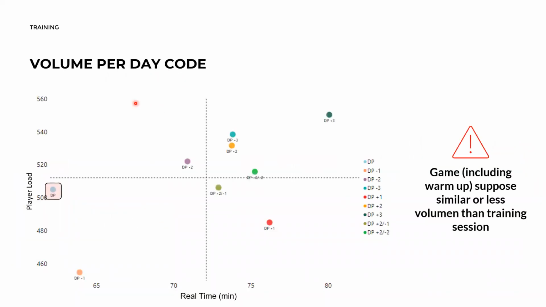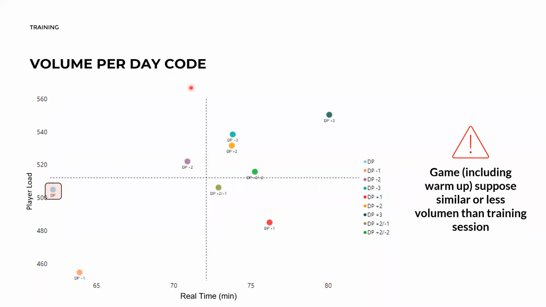So here we can see a scatter plot. On the x-axis, we see the real time players invest on court, and on the y-axis we see player load. And we can see how the match day on the left is the shortest activity, and we see how match day is not on the top.